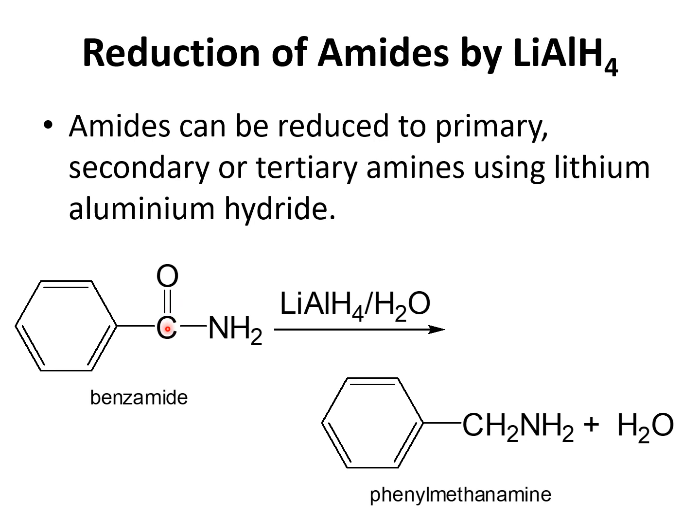It just simply changes C double bond O to CH2 and retains NH2. And the number of carbon is still the same. Again, I reiterate, the number of carbon is still the same. The only thing that is different is C double bond O is changed to CH2 in the reducing reaction.